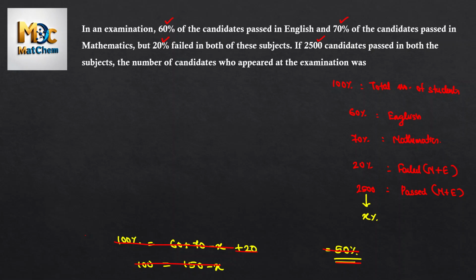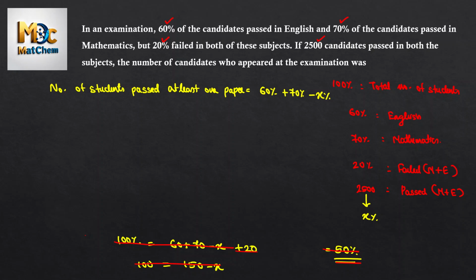So the number of students who passed at least one exam is nothing but 60 percentage plus 70 percentage minus X percentage. Why minus X percentage? Because when you consider the number of students who passed in English, that includes the students who passed both maths and English.